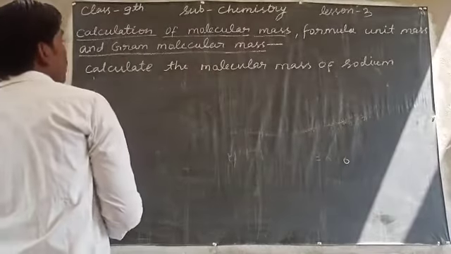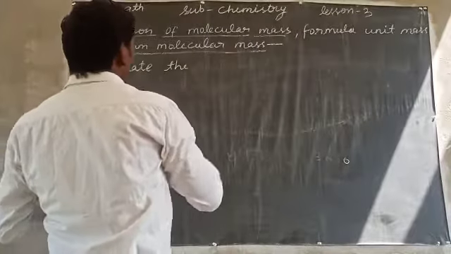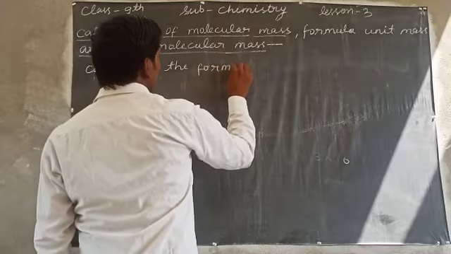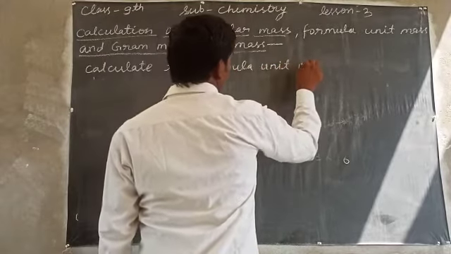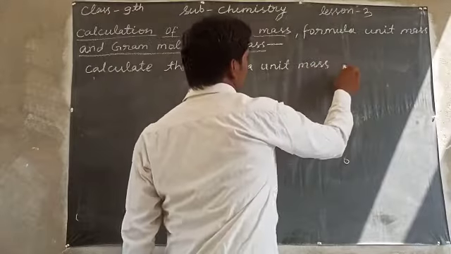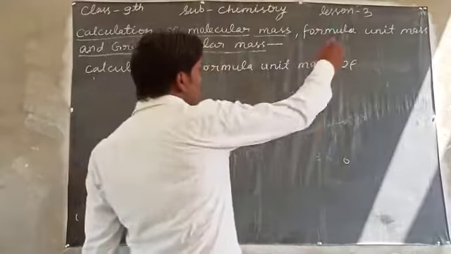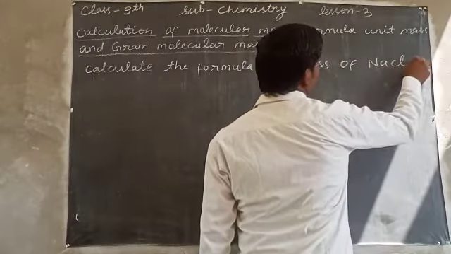So now calculate the formula unit mass of, suppose anyone, let it be sodium chloride, NaCl.